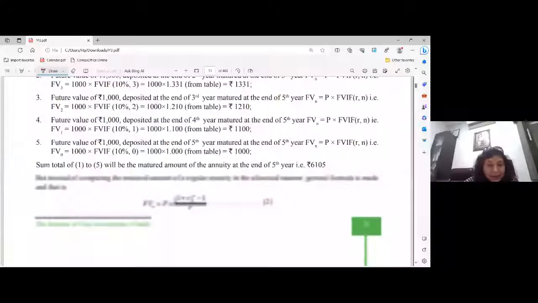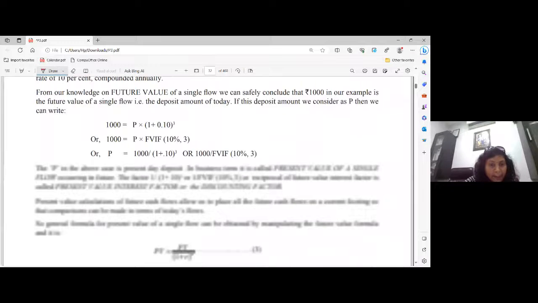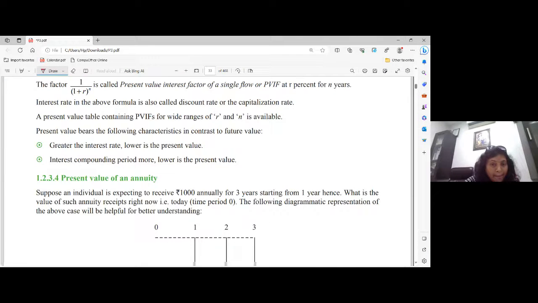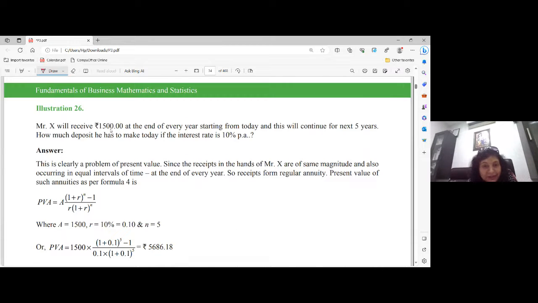The question is, Mr. X will receive 1500 at the end of every year starting from today. And this will continue for the next 5 years. How much deposit does he have to make today if the interest rate is 10% per annum? So you have to deposit today.